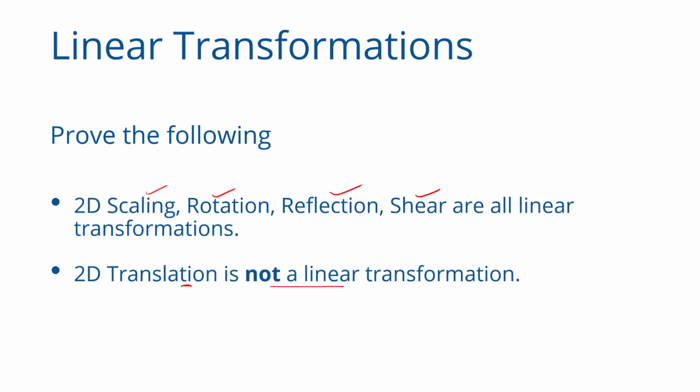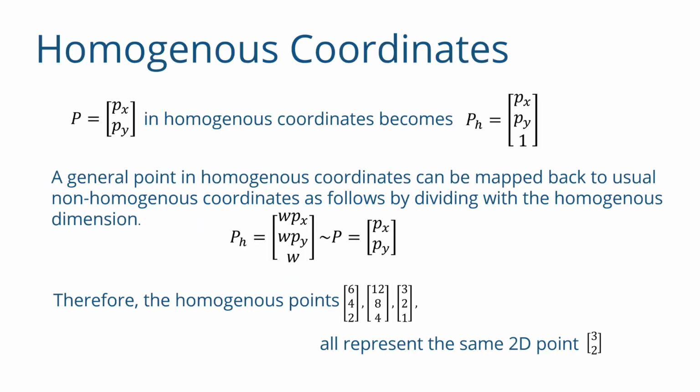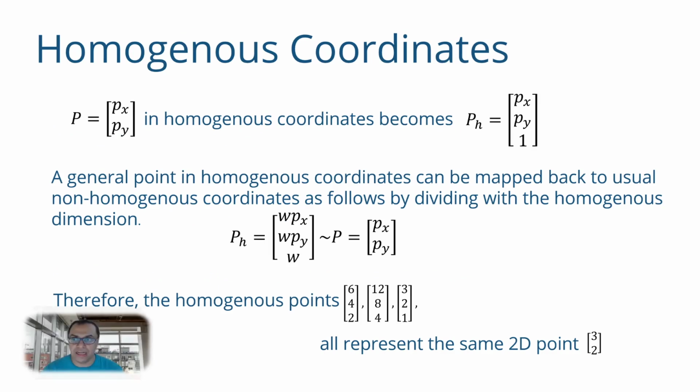And therefore we look at homogeneous coordinates. Okay, so homogeneous coordinates allow us to represent the points in Euclidean coordinates, which are px and py, as homogeneous points, and to write px, py, or the point p as a homogeneous point ph, we just append this extra coordinate.